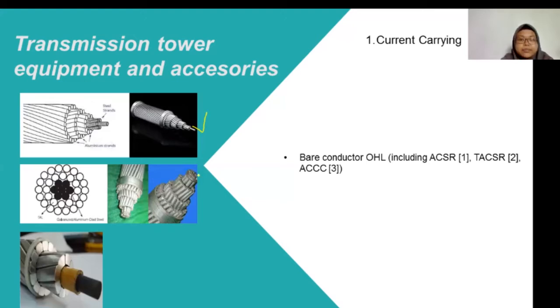And the second is TACSR. This conductor is used for transmission system which has a high load. And the last is ACCC. This conductor is suitable for beach areas because it's non-corrosive.